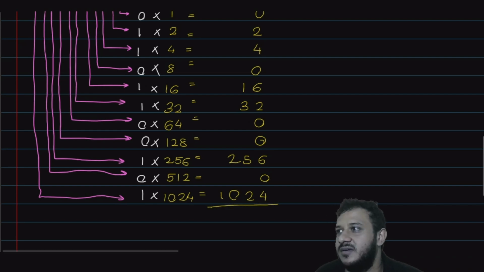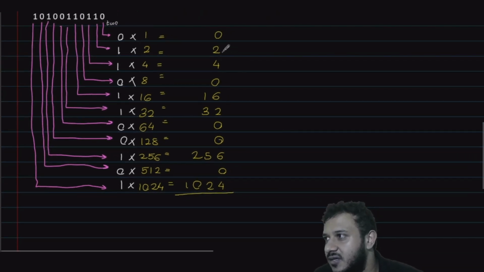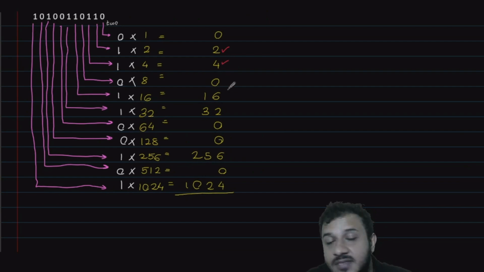Then we have our decimal number. So 2 plus 4 is 6. 6 plus 16 is 22. 22 with 32, that's 52.